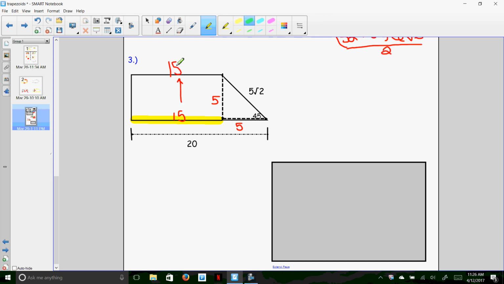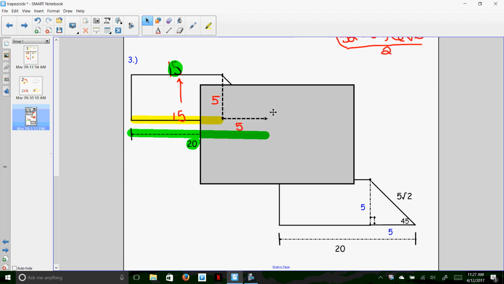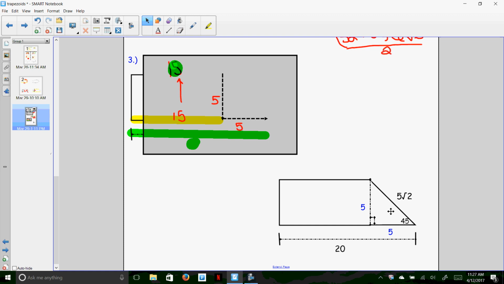And I have base. 20 is the base. Look at it. It's not 20 plus 5 to make 25. That's the base. So 20 plus 15 times it by your height. Cut it in half. So this is what I did right here. All right, that's a trapezoid.